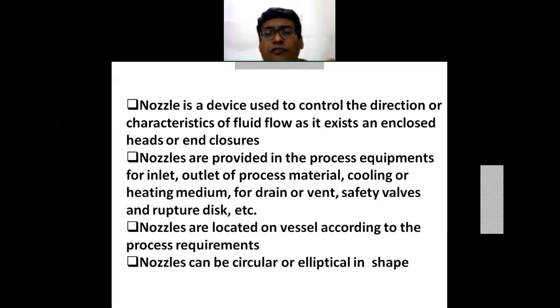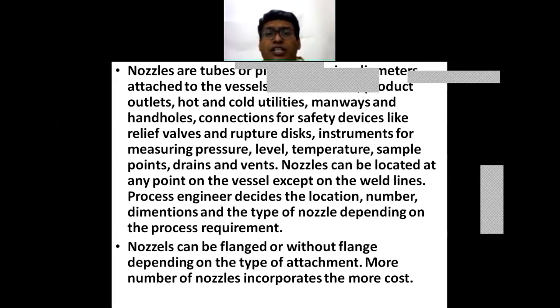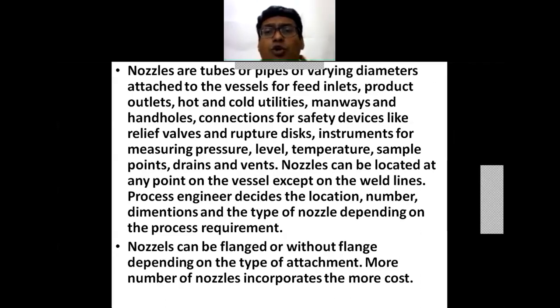All these are the different purposes of the nozzle, and the nozzles are attached at different locations depending on their purpose. They can be either circular or elliptical in shape. Then these nozzles are tubes or pipes with varying diameter.